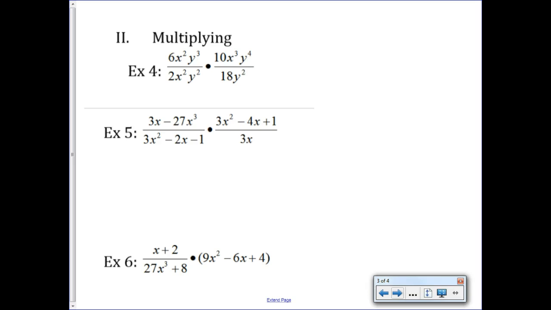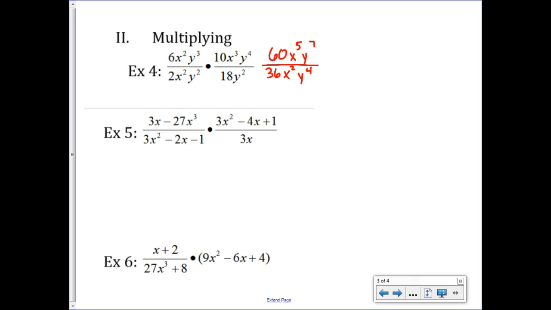In this first one, I'm going to go ahead and combine all of the pieces. So 6 times 10 is 60. I have x squared times x to the third. Remember, when you multiply, you add the exponents. So then I get x to the 5th, y to the 7th. And then 18 times 2 is 36. I just have x squared, and I have y to the 4th.